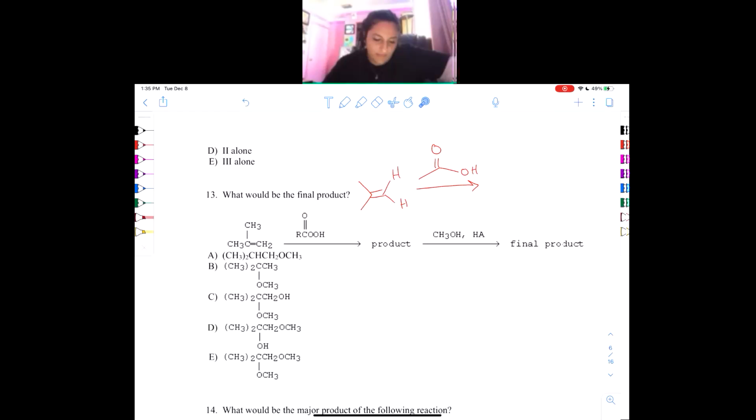So I'll say that one more time. What's the difference between what's given here and what I drew? I specifically did a trick that a lot of students mess up. What functional group is this?